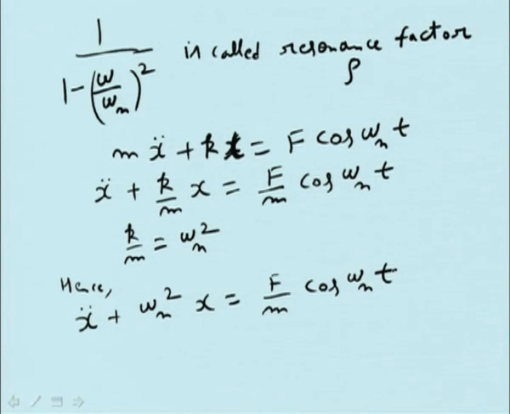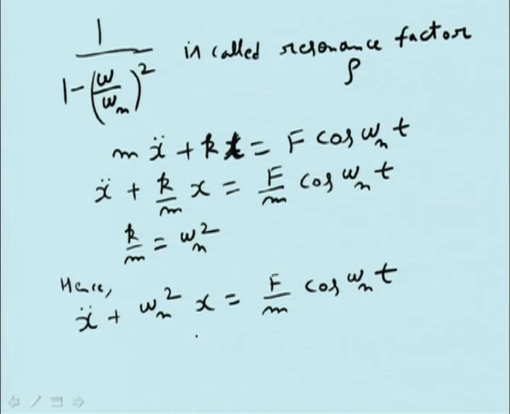Now here we can see that if we just put x is equal to A sin omega t, that will not satisfy this differential equation in this case.